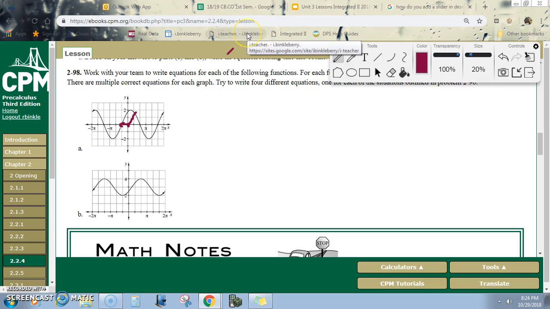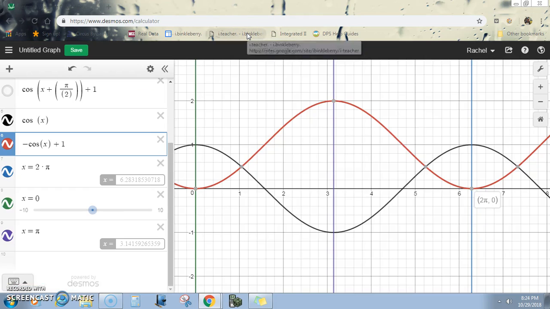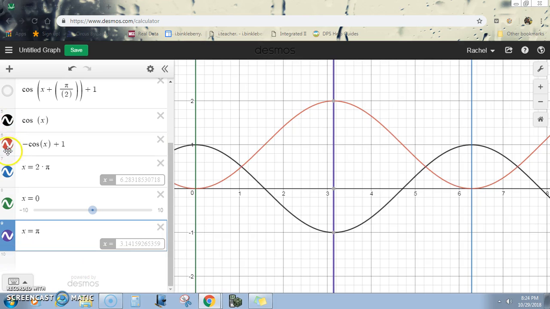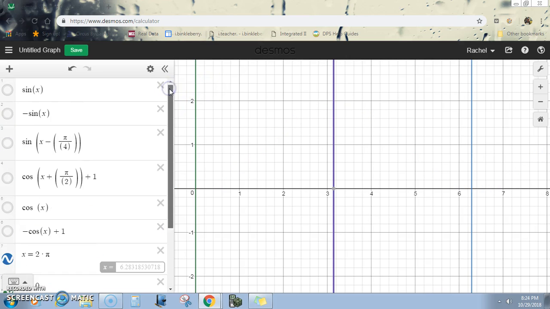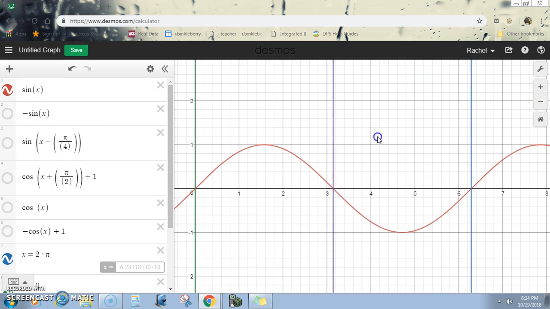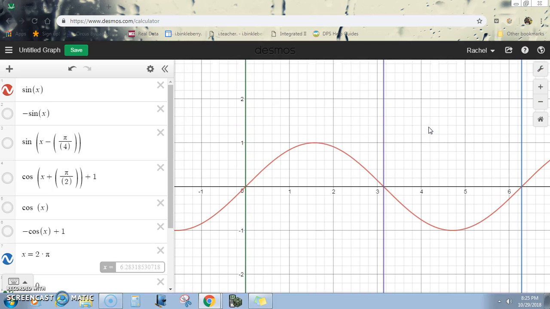So if we put those both into our Desmos here, if we just put in the original sine wave, and we have to give it an amplitude of 2, right?